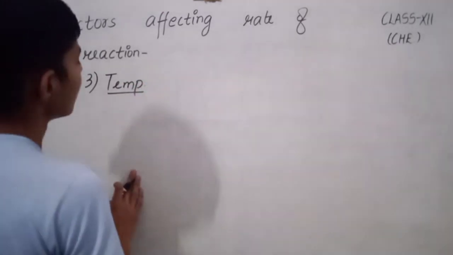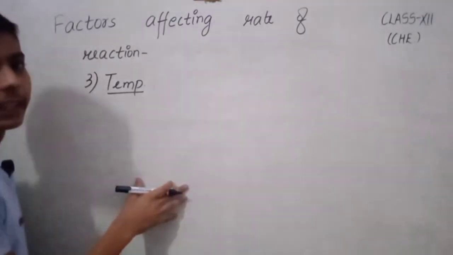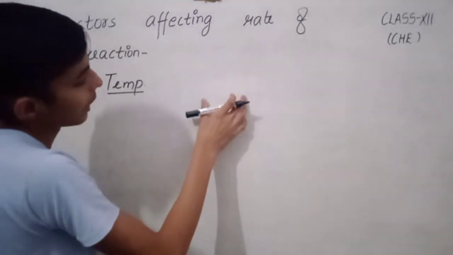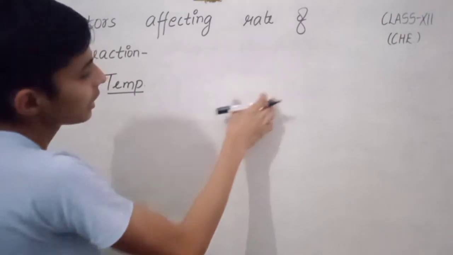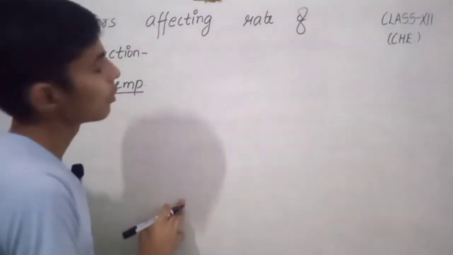Our third factor is temperature. At every 10 degree Kelvin or Celsius rise in temperature, the rate of the reaction almost gets doubled.